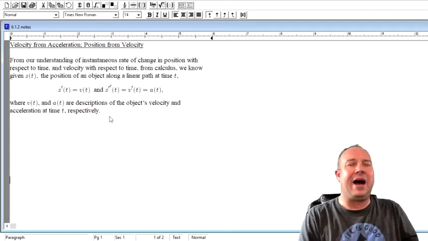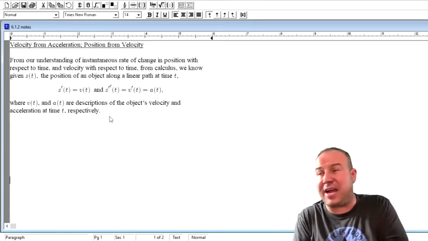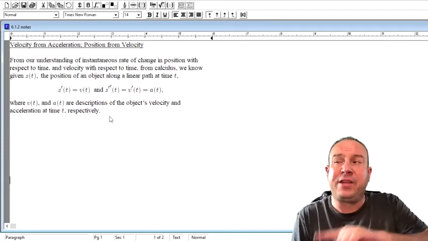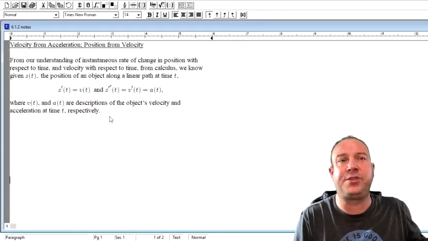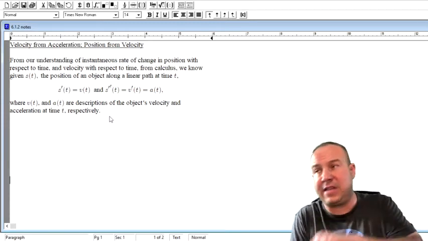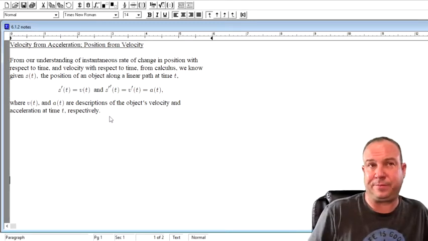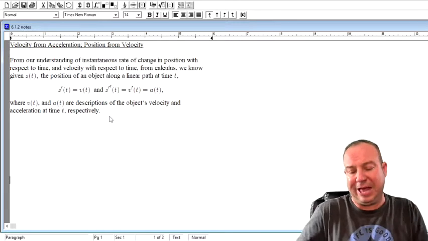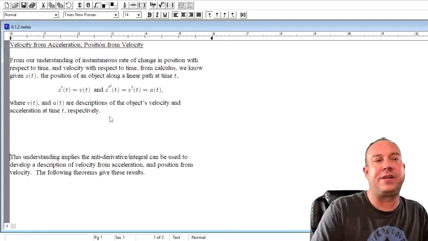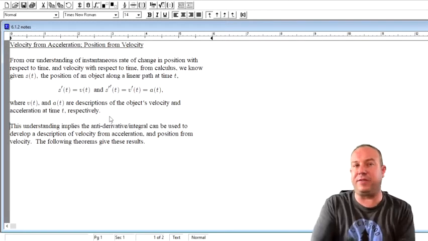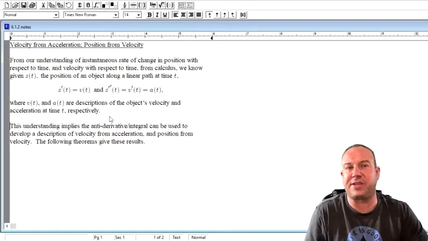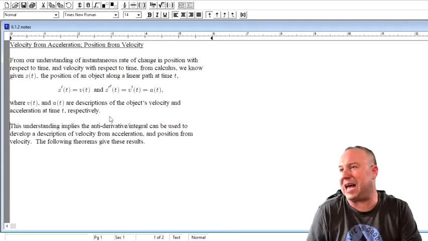We can find the antiderivatives and apply them to move backwards through this relationship, going from acceleration to velocity and from velocity to position. That is my next quick note. This understanding implies that the antiderivative or the integral can be used to develop a description of velocity from acceleration and position from velocity.